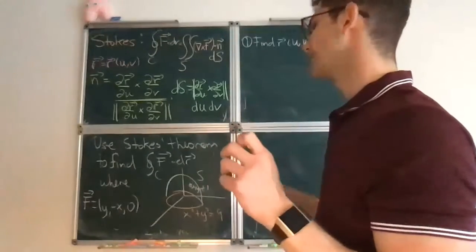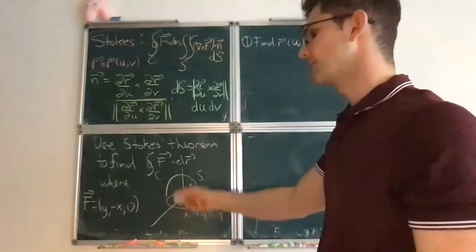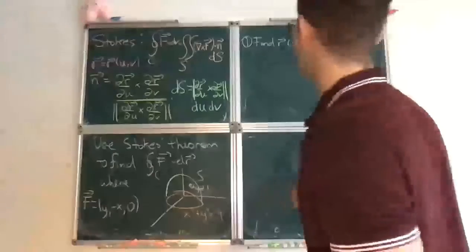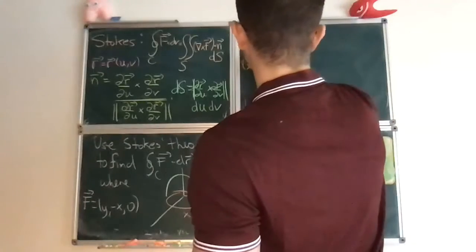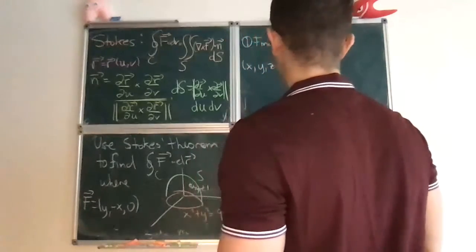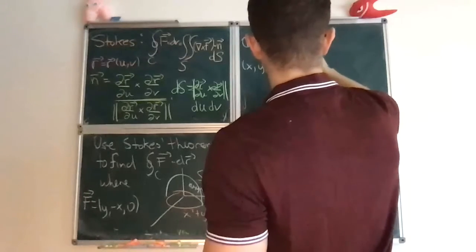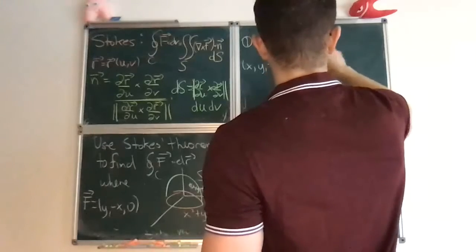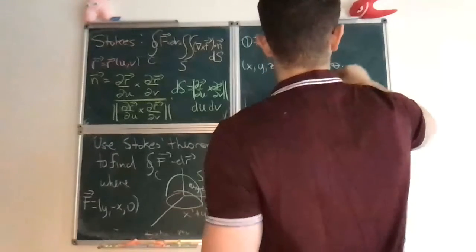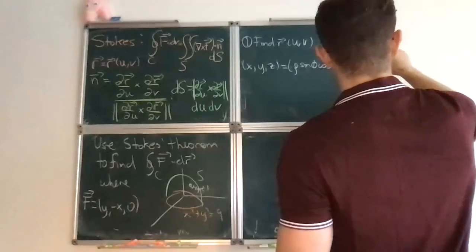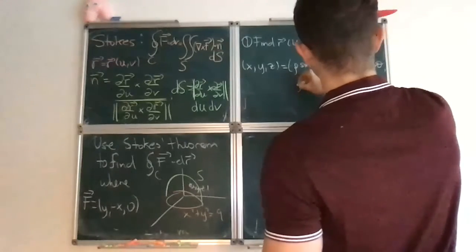The coordinate system that's most convenient in this case is spherical coordinates, just because we're working with half a sphere. So remember that in spherical coordinates, the coordinates are rho sine phi cosine theta, rho sine phi sine theta, and rho cosine phi.